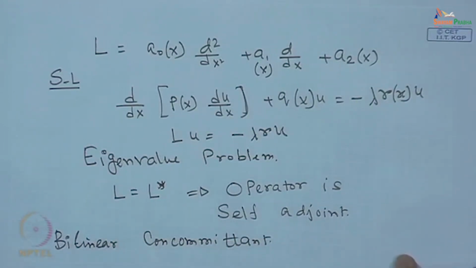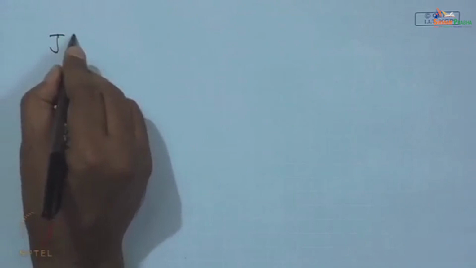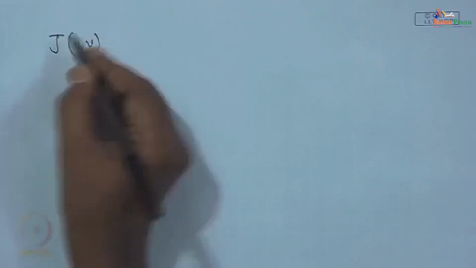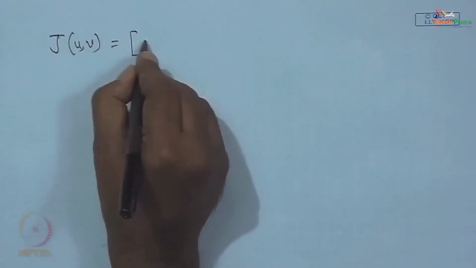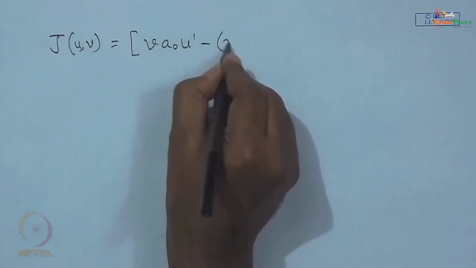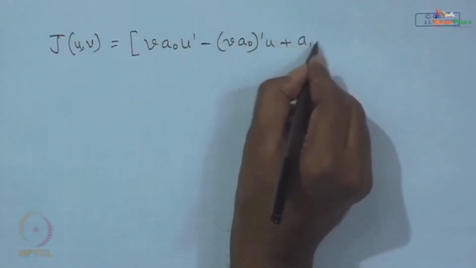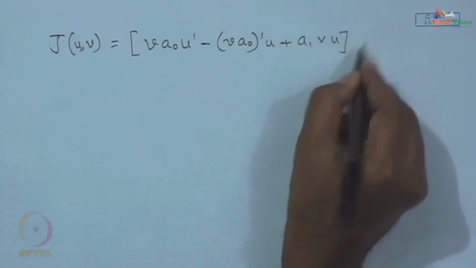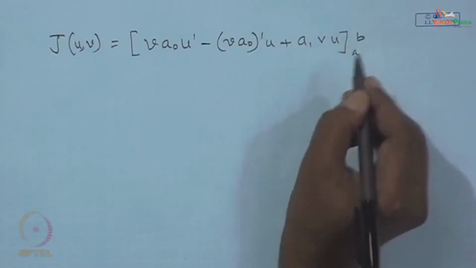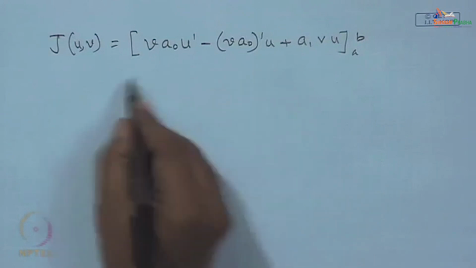Concomitant term. So, if you look into that, we will be writing J(u, v) equal to v (a0 u' minus (a0)' u + a1 v u) evaluated on the boundaries a to b, and this prime denotes differentiation with respect to x.